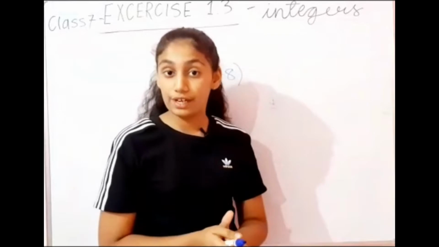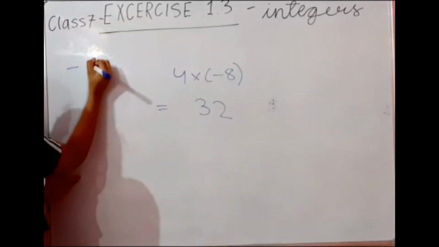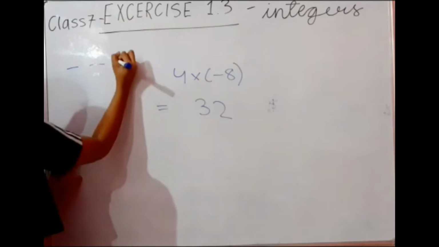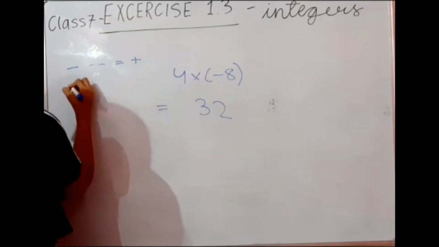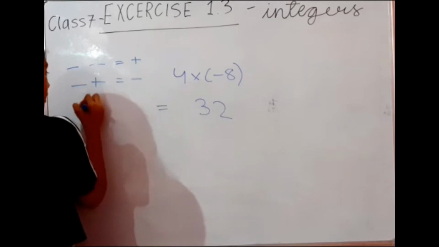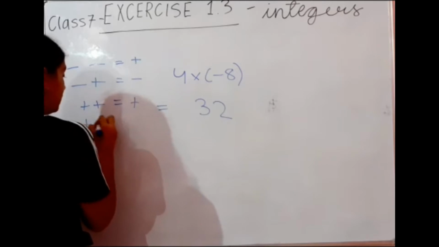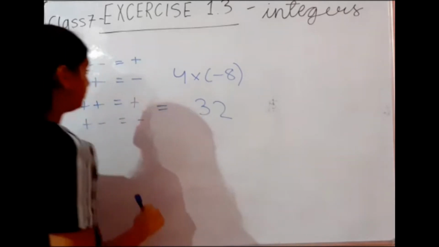In multiplication of integers, there is one thing that you should remember: minus minus is equal to plus, minus plus is equal to minus, plus plus is equal to plus, and plus minus is equal to minus.